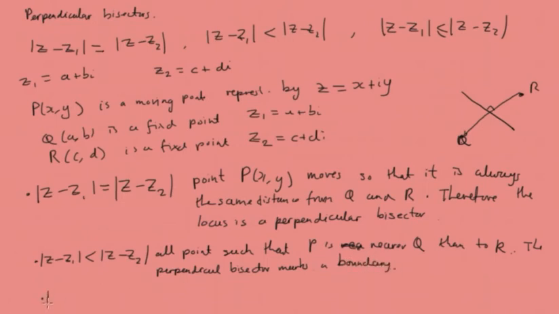And finally, |z − z1| less than or equal to |z − z2|.